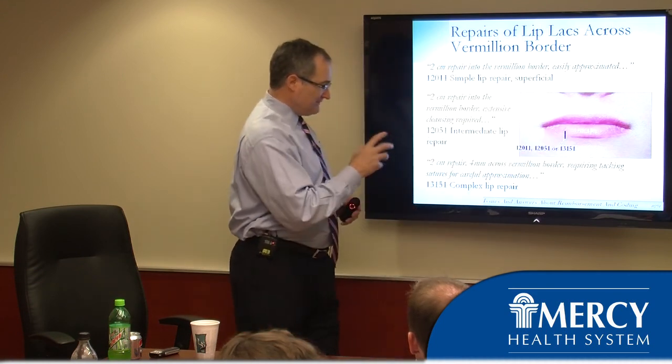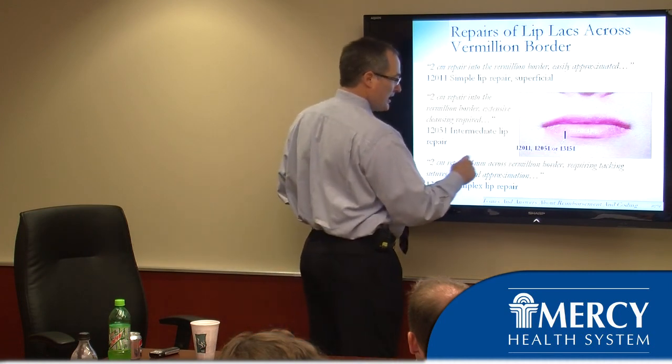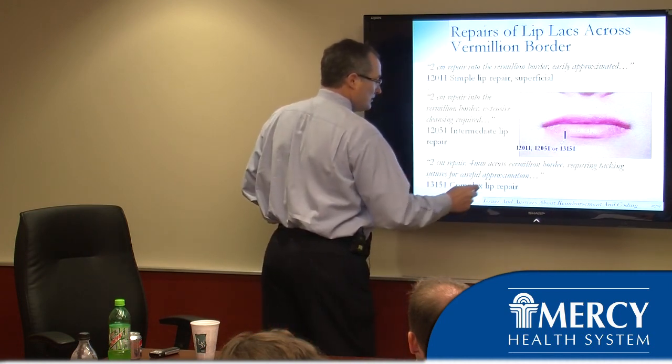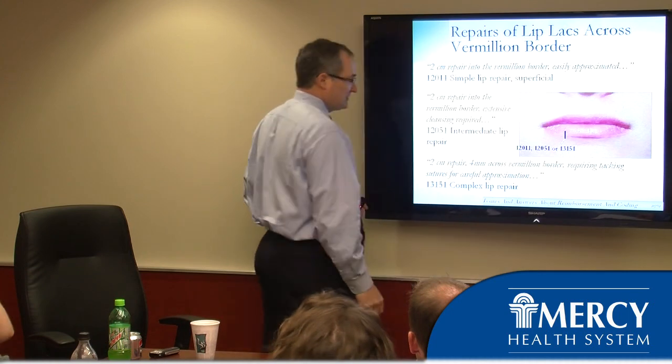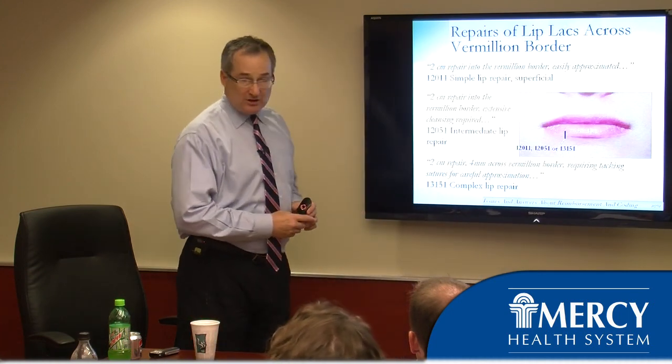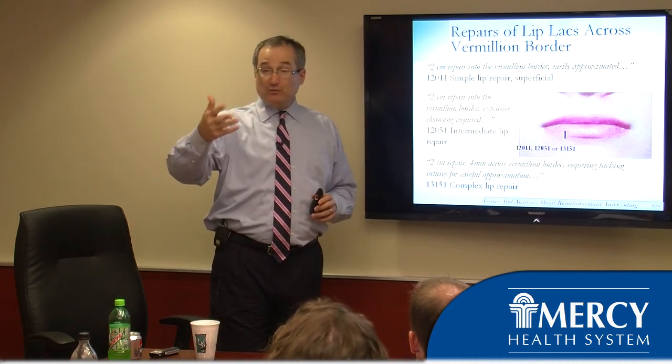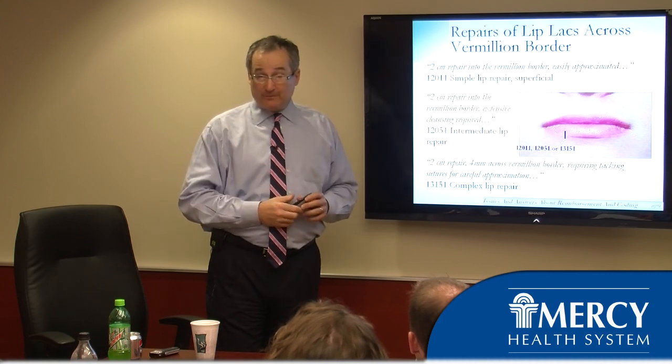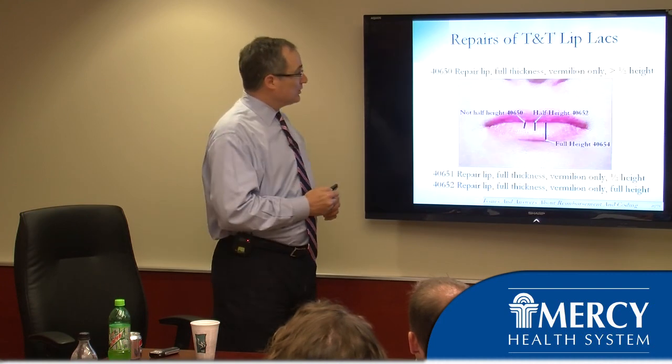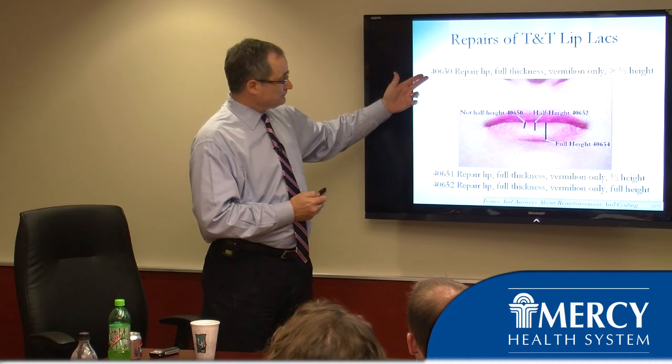And so we're going to use a careful, complex repair technique, tacking sutures in the vermilion area, and so we want to report it as a complex repair. Okay. Now, what do we do with split lips?